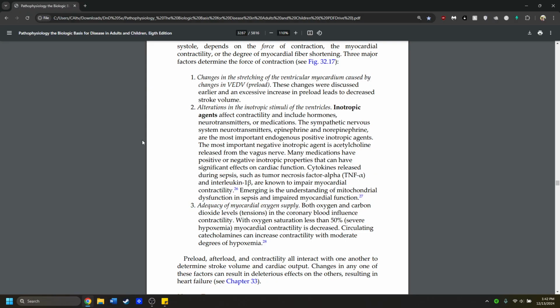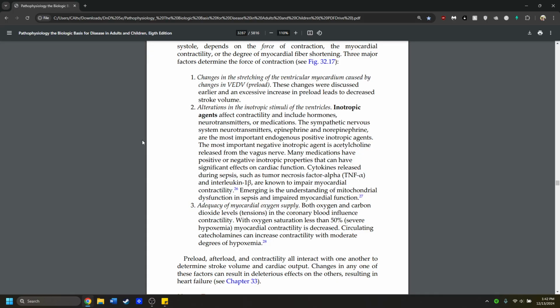The last part is our adequacy of myocardial oxygen supply. Both oxygen and carbon dioxide tensions in the coronary blood influence contractility. With oxygen saturation less than 50%, which is severe hypoxemia, myocardial contractility is decreased.